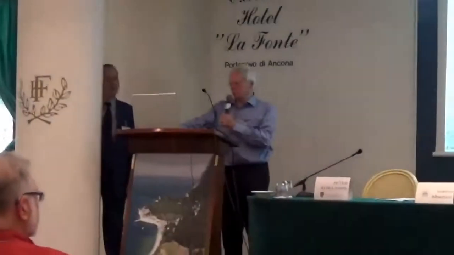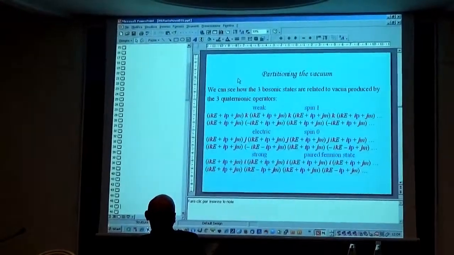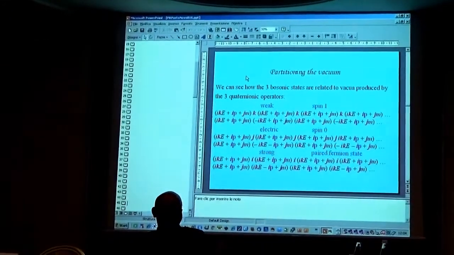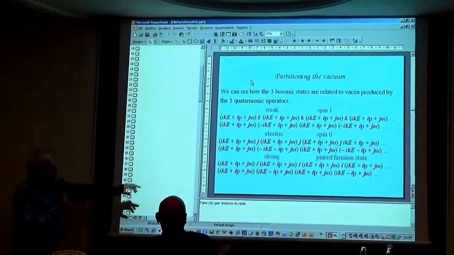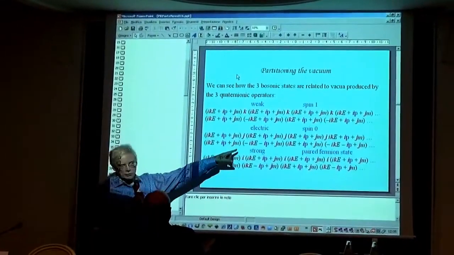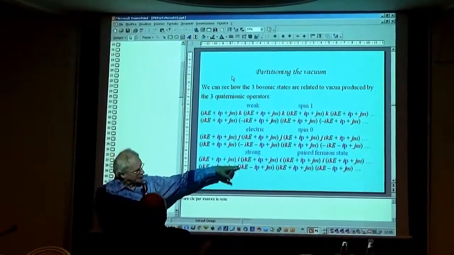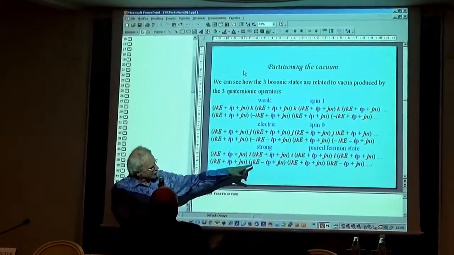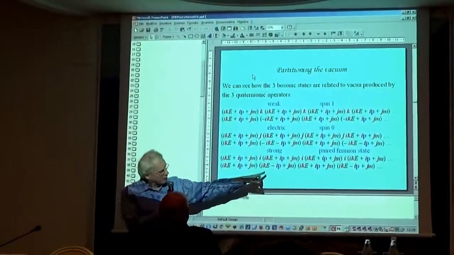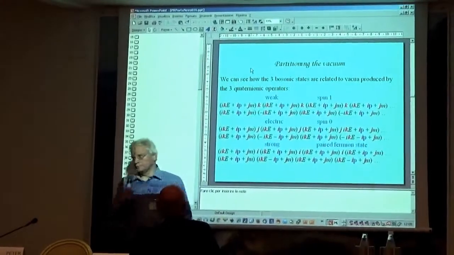There we are, the third one down there, paired fermion structure. Here you've got, instead of minus E, which is characteristic of an antifermion, plus E. But you still get a scalar quantity because you've got plus and minus P.